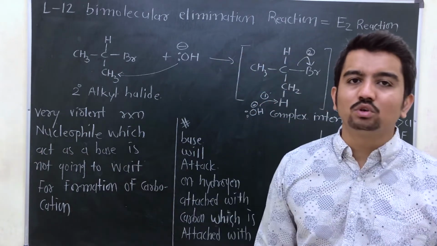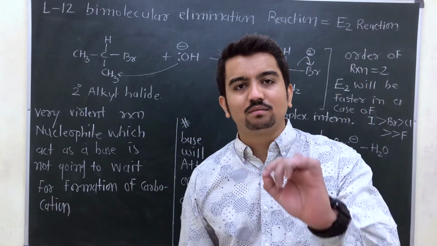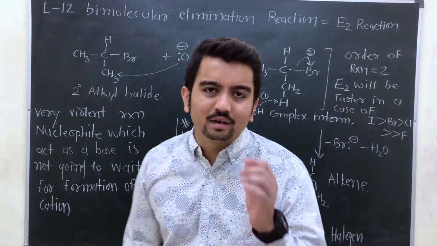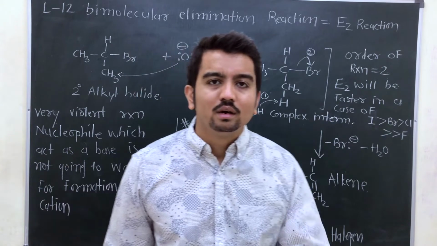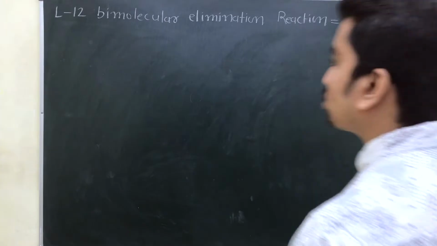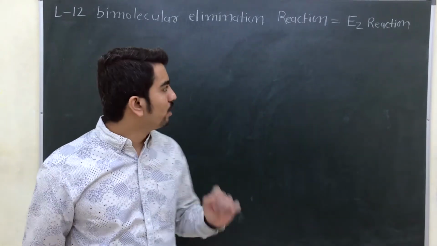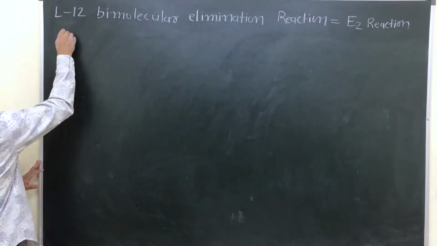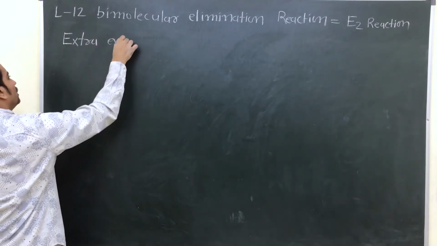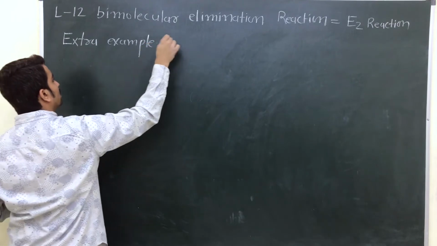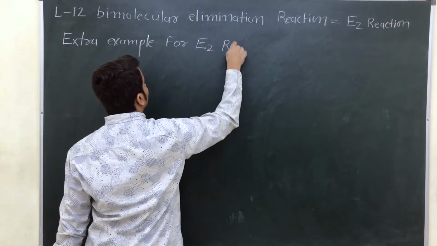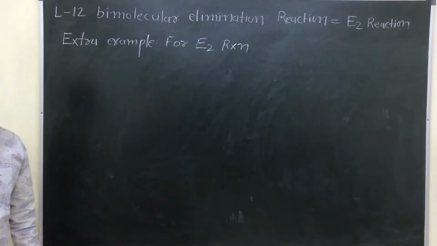In the last portion we are going to solve a last question which can be asked in a JEE exam, so please take a screenshot and be ready for the next question. Let's take one more example. Extra example for E2 reaction.